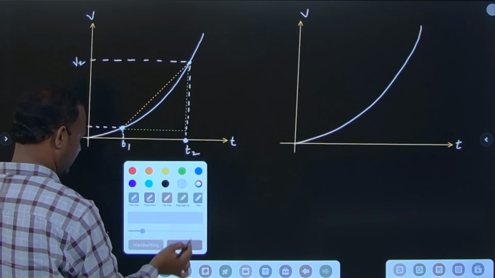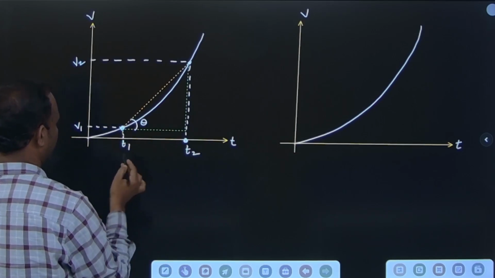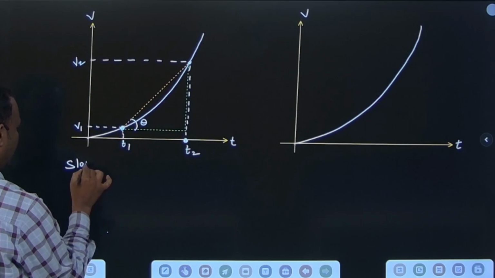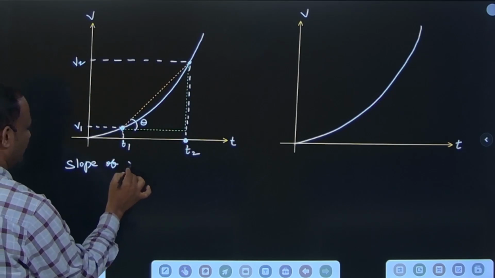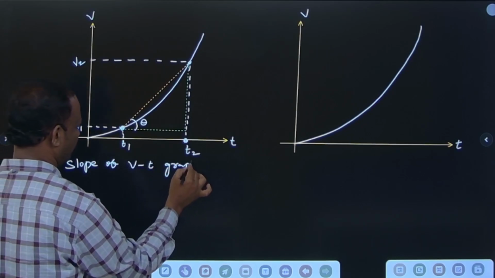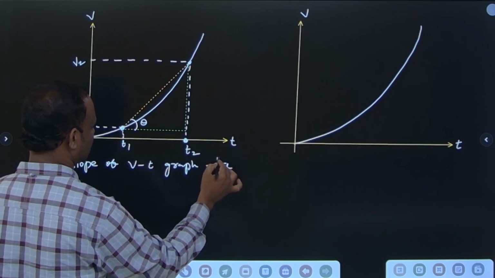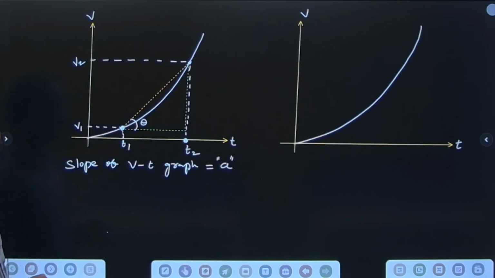The slope of the velocity versus time graph is equal to acceleration.